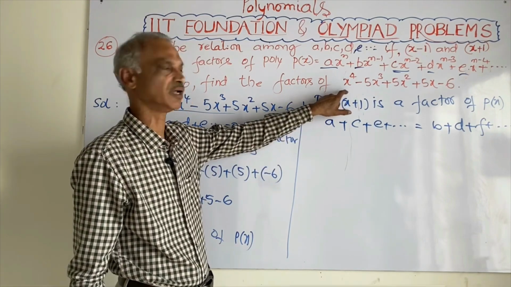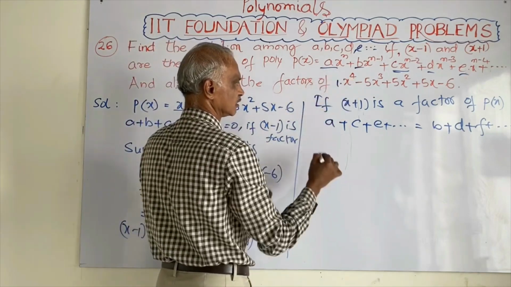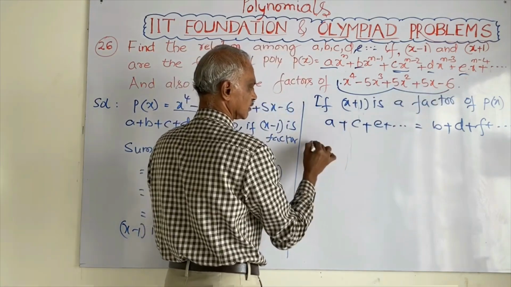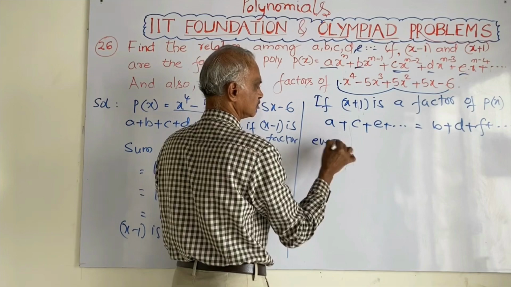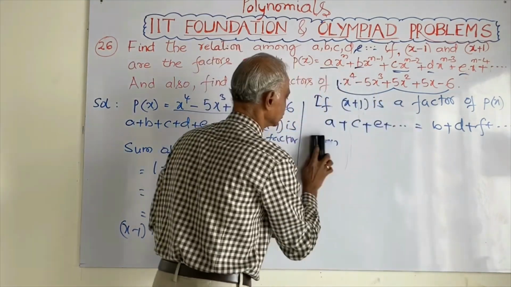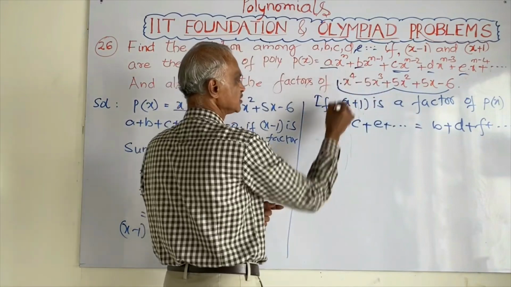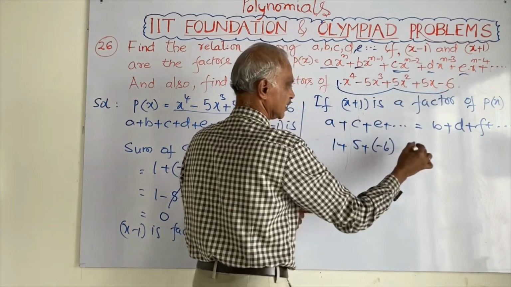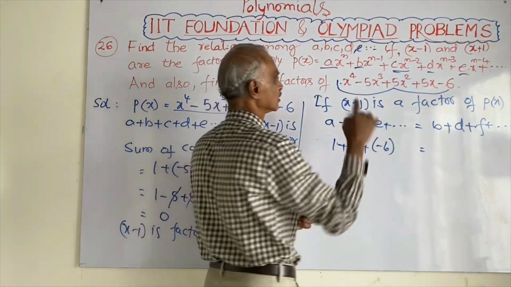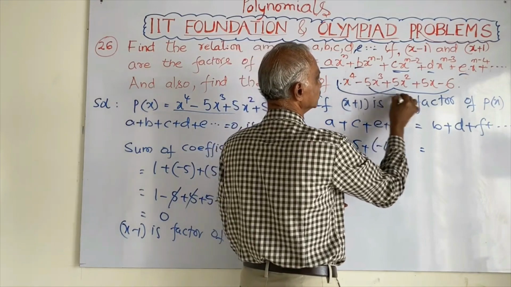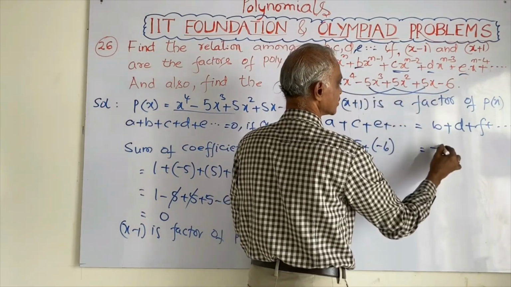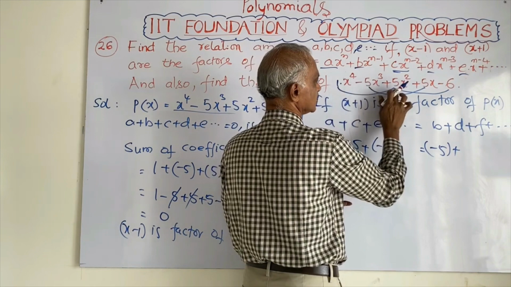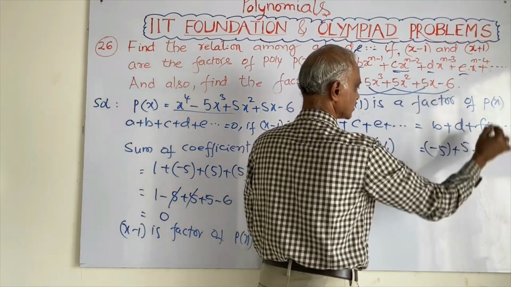Let us check in this polynomial. See, this is 1. Even coefficients: A is 1, C is 5, E is minus 6. Odd coefficients: B is minus 5, D is 5, and F is not there.